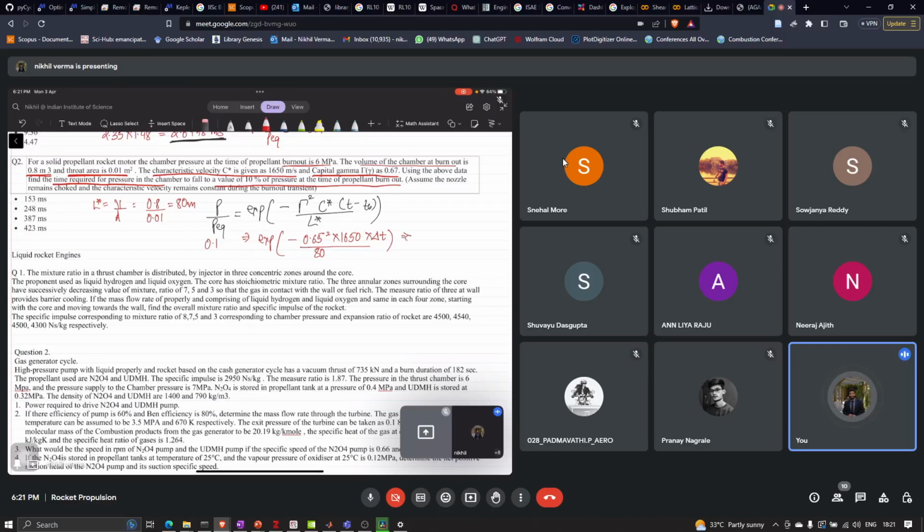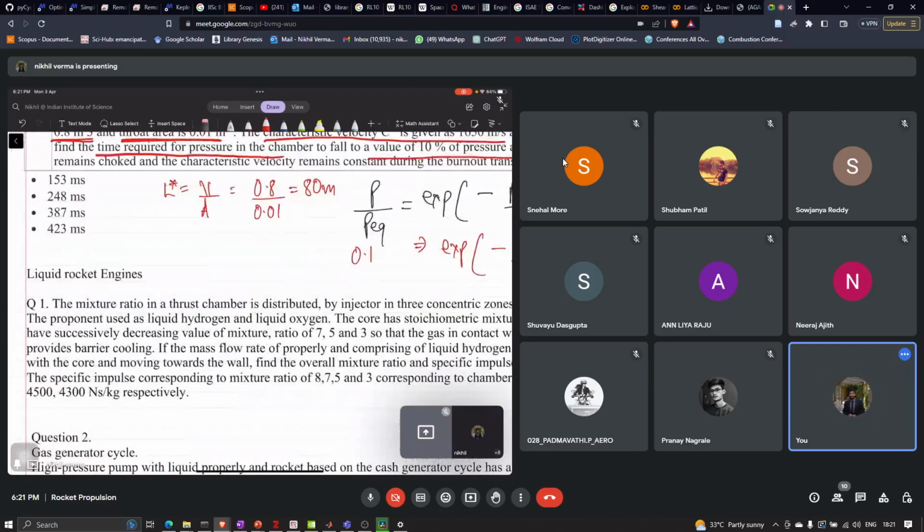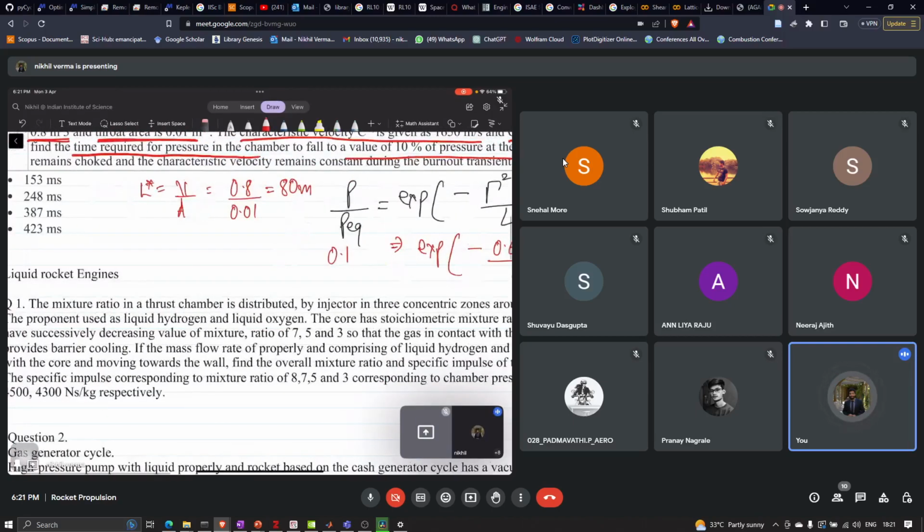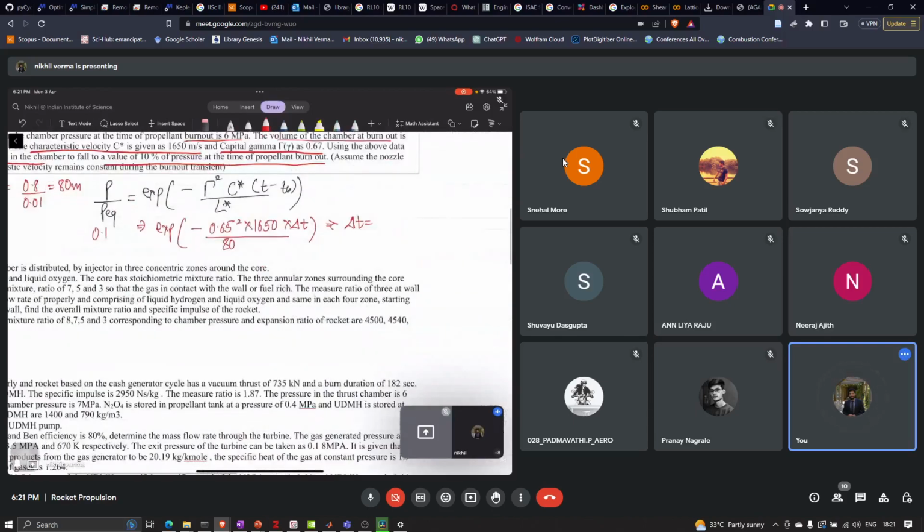If you substitute these values, you will get delta t as 264.23 milliseconds.